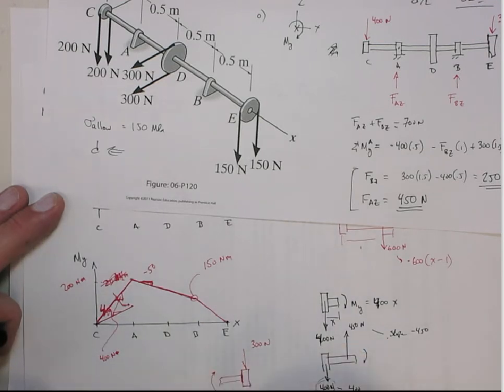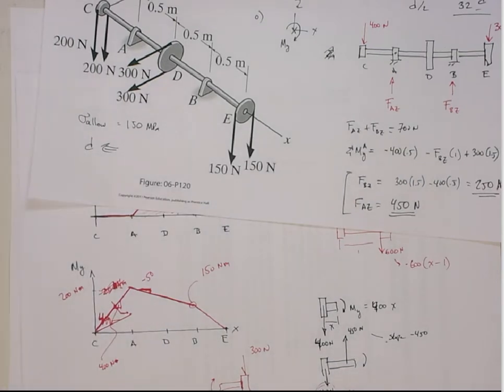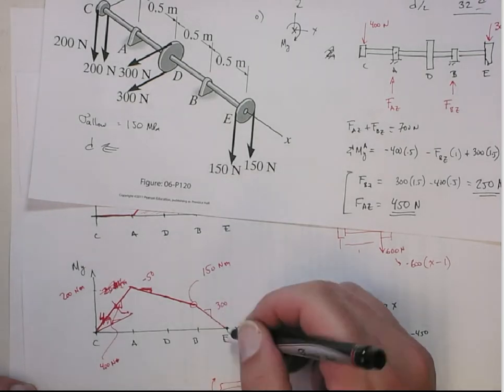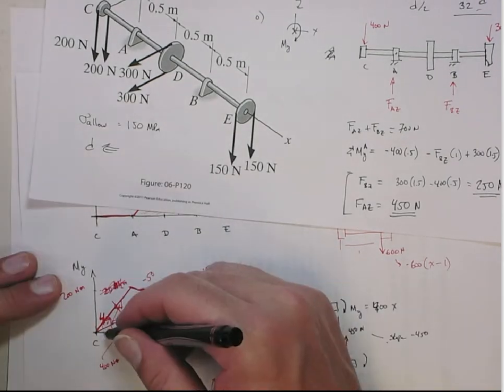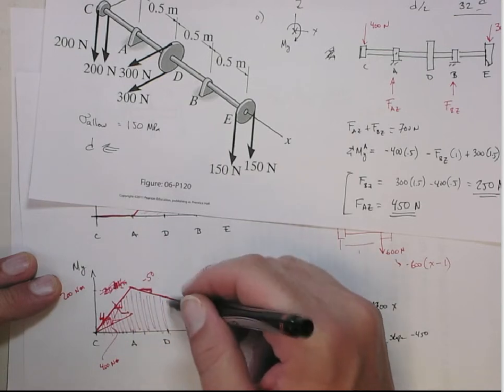So this moment is going to be minus 300 N, and this distance is going to be the total length minus X. So that's X minus 2 meters, right? That's that distance. Okay? And so it gives me this one here that has a slope of 300, again over the half that brings you down to the bottom. So this is the total moment diagram.